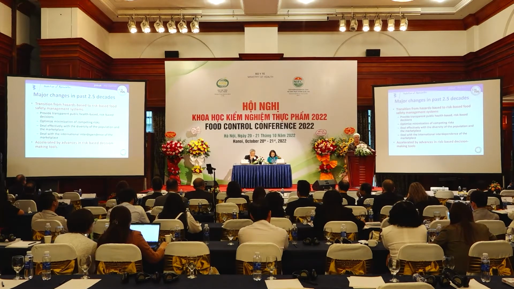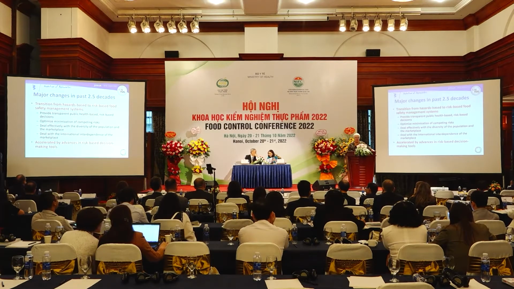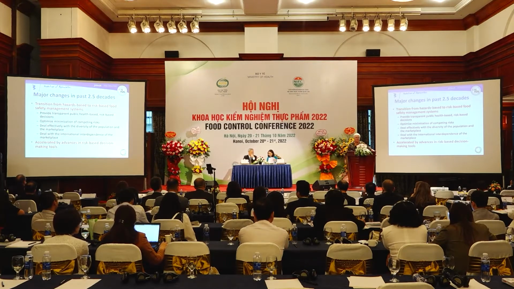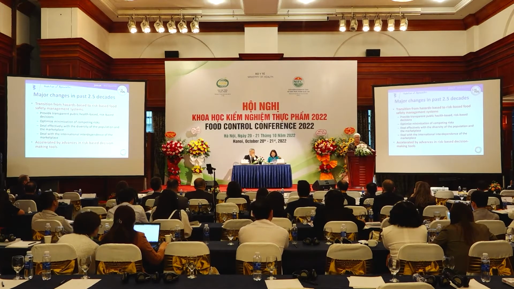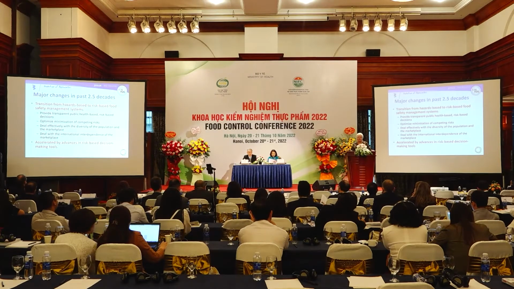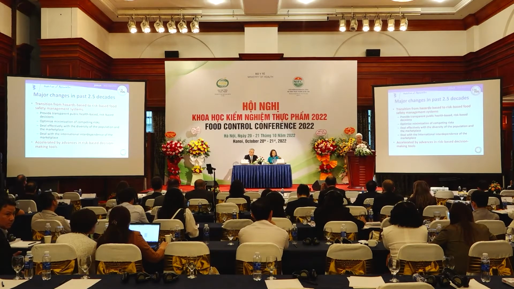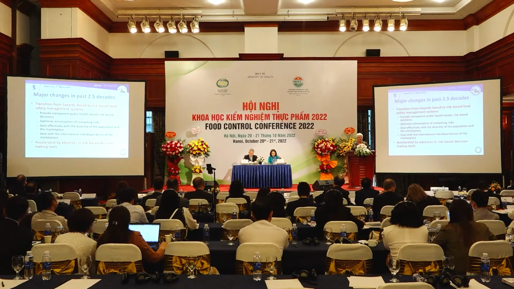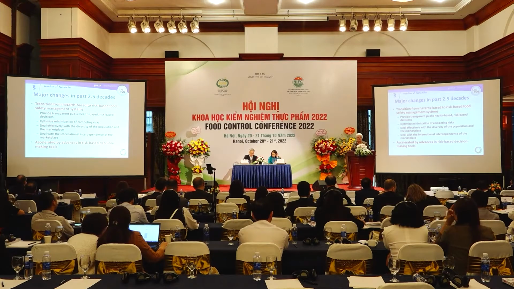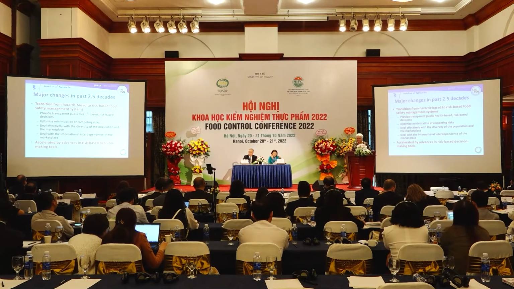And that's really important because increasingly food products are being traded across continents, and there's a potential for what's considered a hazard in one country not to be a hazard in the other country, and that's where you get disputes and concerns. And a lot of this movement towards risk-based approaches has been accelerated by advancement in risk-based decision tools. And I want to say, not only have you seen an evolution in regulatory process, but you have also seen an evolution in how we go about doing risk analysis over the years.